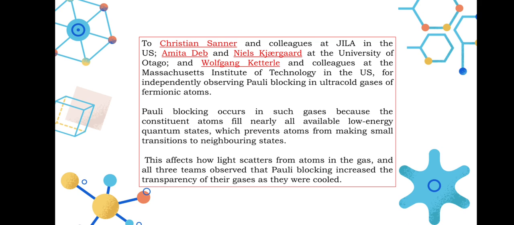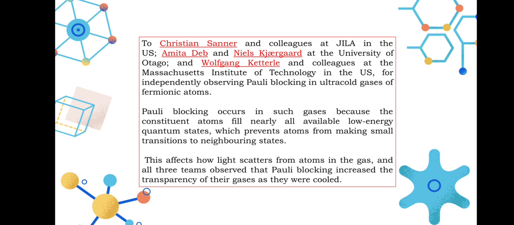Christian Sanner and colleagues at JILA in the US, Amita Deb and Niels Kjaergaard at the University of Otago, and Wolfgang Ketterle and colleagues at the Massachusetts Institute of Technology in the US, independently observed Pauli blocking in ultracold gases of fermionic atoms. So Pauli blocking occurs in such gases because the constituent atoms fill nearly all available lower energy quantum states, which prevents atoms from making small transitions to neighboring states.